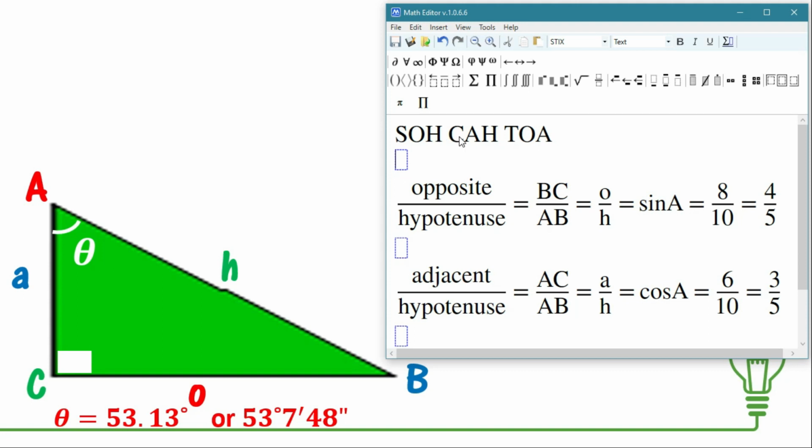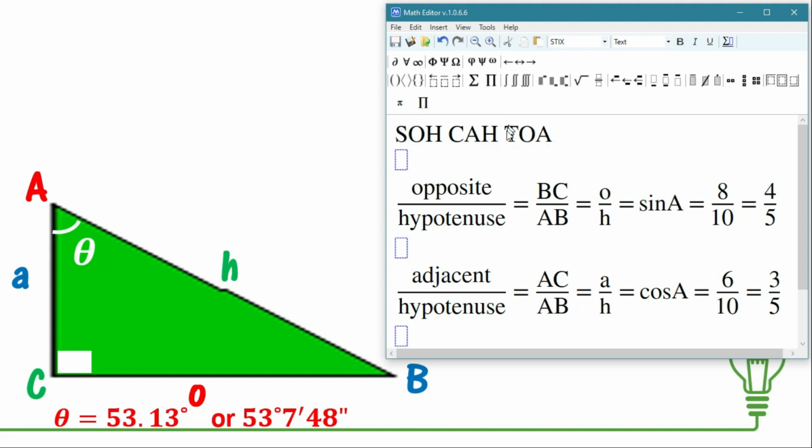And then the next, CAH, meaning to say C stands for cosine, A stands for the adjacent side, and H stands for the hypotenuse. Meaning to say, cosine is equal to adjacent over hypotenuse. Okay? So, mas madali natin siya matatandaan using this mnemonic device. And then the last part would be TOA.